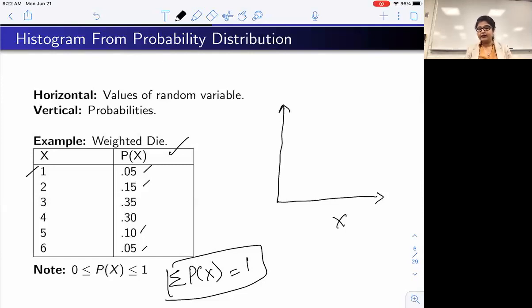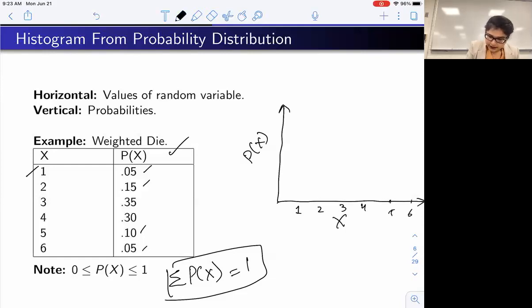So let's see how we can make the histogram. All the outcomes will be on your x-axis, and P(x), the probability for each outcome, will be on your y-axis. How many outcomes do we have? 1, 2, 3, 4, 5 and 6.